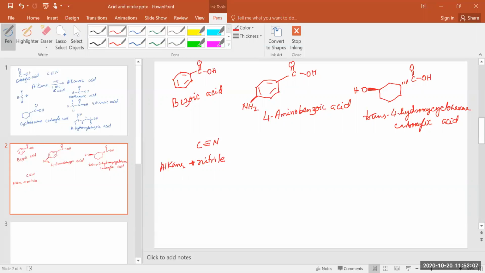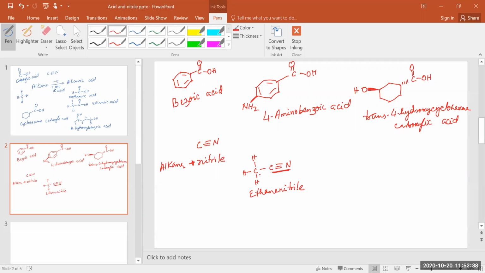So alkane nitrile. Like this molecule, you have two carbons. Two carbon hydrocarbon is ethane, but here you have carbon triple bond nitrogen. So this molecule will be called ethane nitrile.